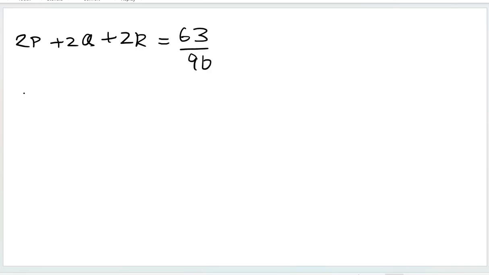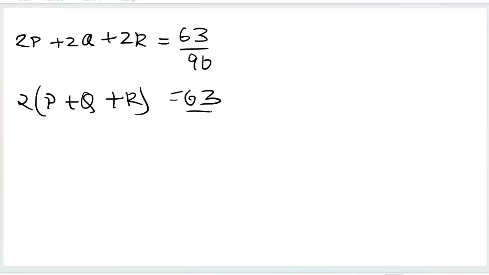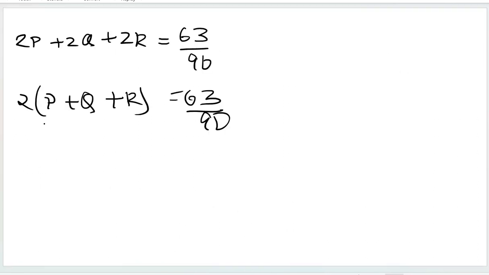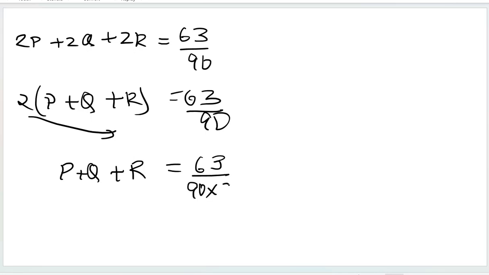So from this I remove 2 common. I am left with p plus q plus r is 63 upon 90. Now if you observe, my goal is to find p plus q plus r, not 2p plus 2q plus 2r. So I take this 2 down. I get p plus q plus r is 63 upon 90 into 2, which is 180.